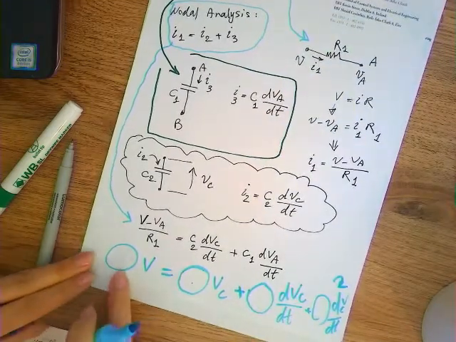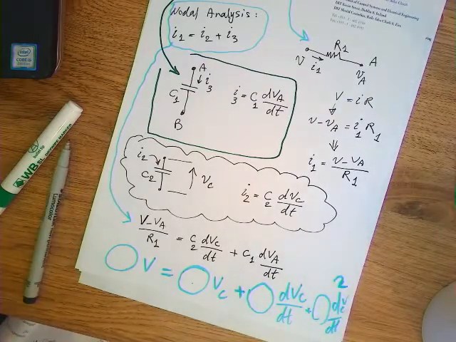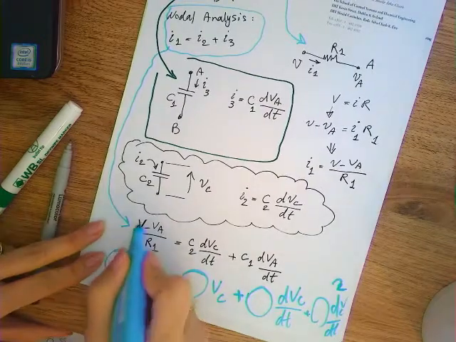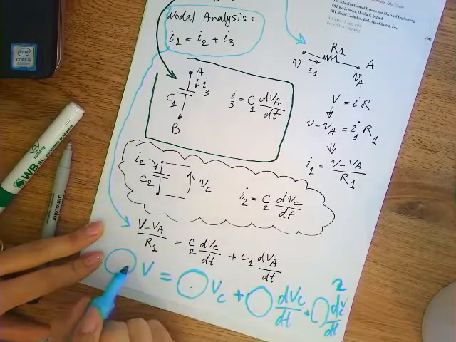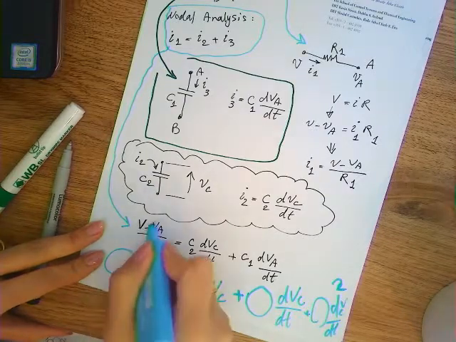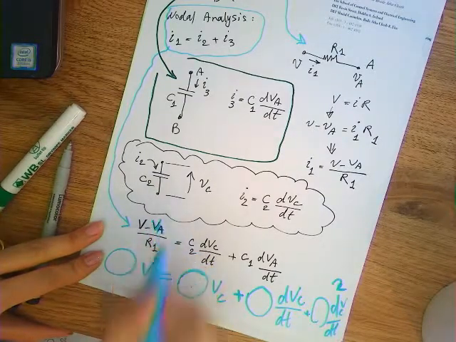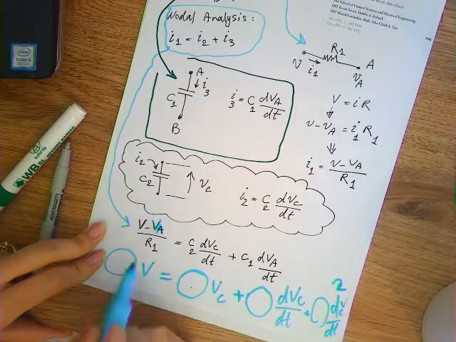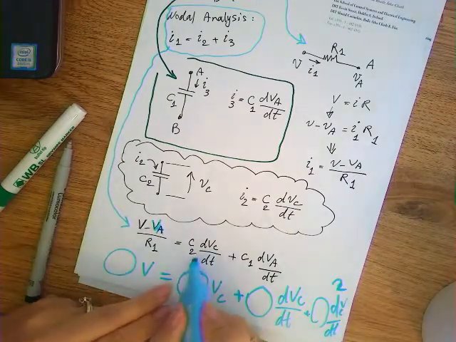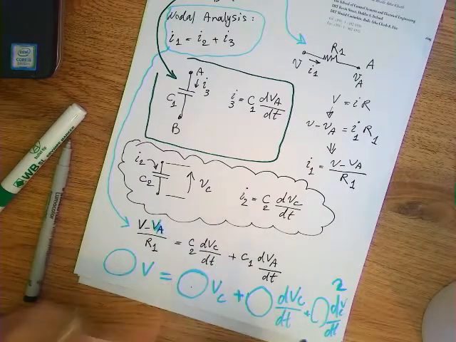So that is the plan, the target is to get that equation sorted. For getting to that point, I have to replace some variables here. I have the V, I'm happy with my V. R1, there's no harm in that, it's constant. VA, I don't like it. It should be something that depends on VC. Here, C2 is fine, dVC dt is fine.